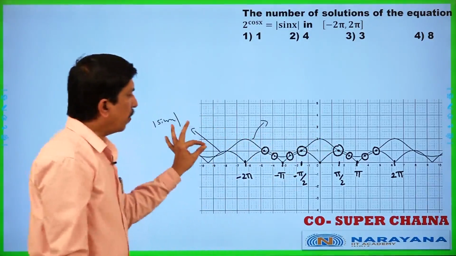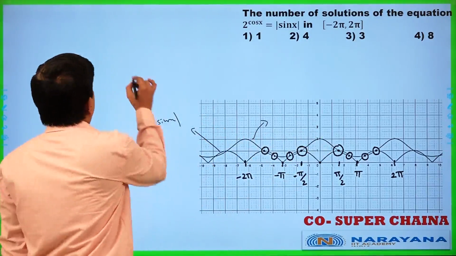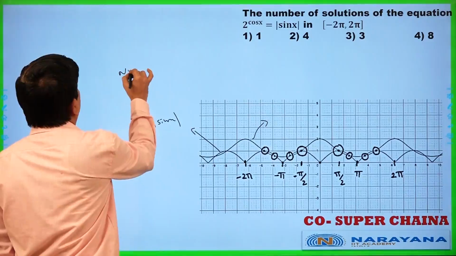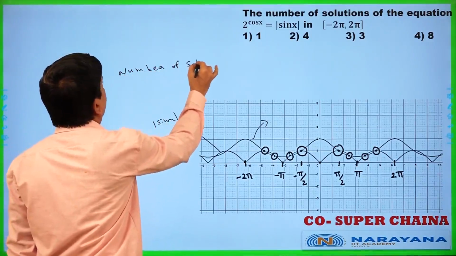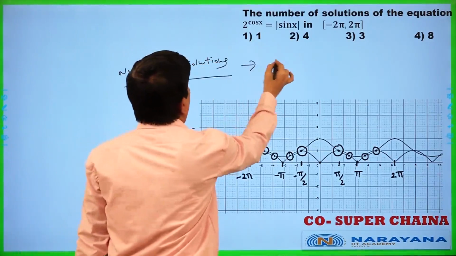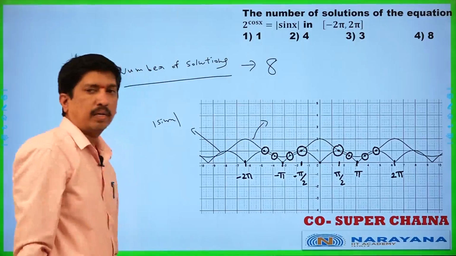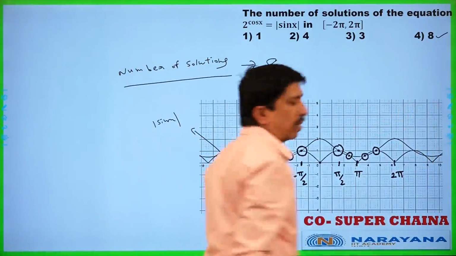Here the number of points of intersection is nothing but the number of solutions. How many are there? 8 are there. So, 8, this is the right answer.